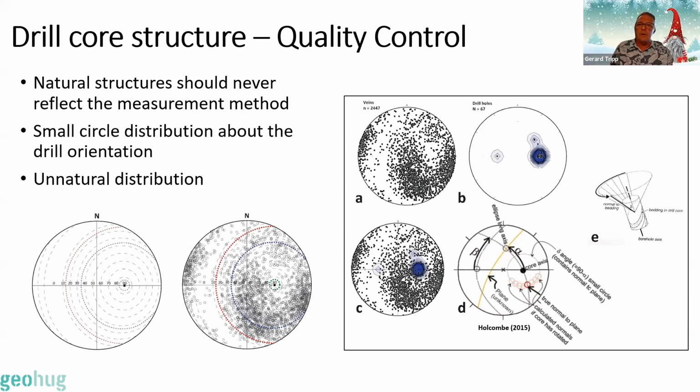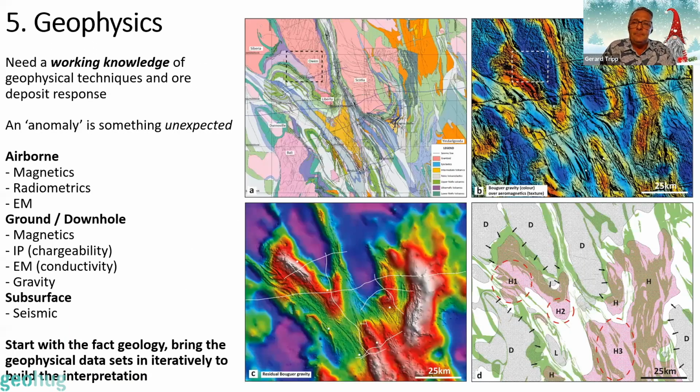Okay, so number 5, geophysics. I've got 2 minutes left and 2 more subjects. We need a working knowledge of geophysical techniques and ore response. Again, don't need to be an expert.